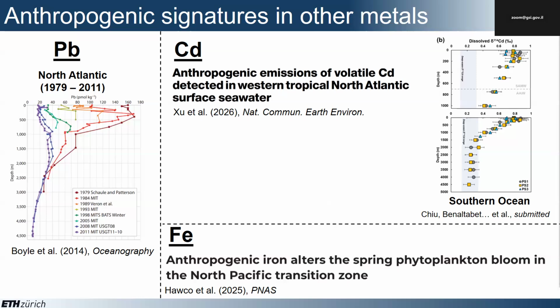We also see evidence of dissolved anthropogenic cadmium in the Southern Ocean, which is also pretty remote. And in recent years, we've been starting to see evidence of anthropogenic iron in the ocean. This has been known for a few years now, but recently we saw that not only do we see the presence of anthropogenic iron, we already start to see an effect of this anthropogenic iron on the bloom dynamics of phytoplankton. And this is very important.